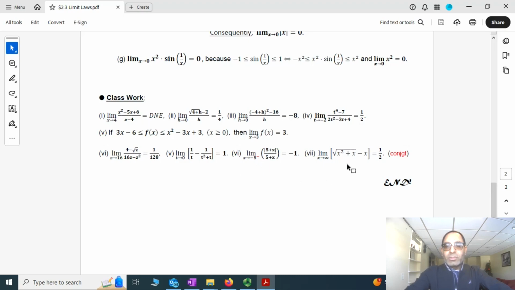And then the last question here, the limit as x tends to infinity of the function radical x squared plus x minus x. You multiply and divide by its conjugate. You should be able to get the limit. Okay, thank you.